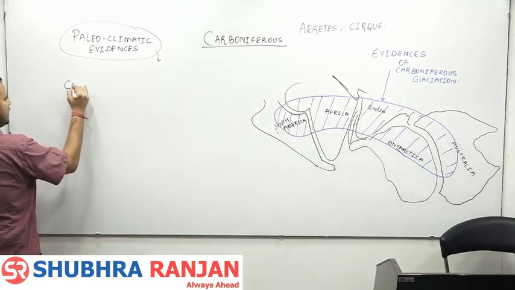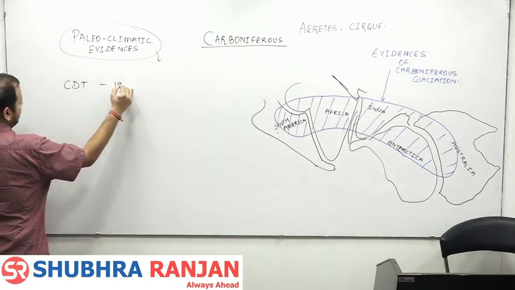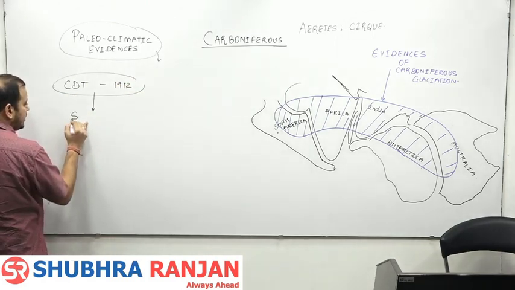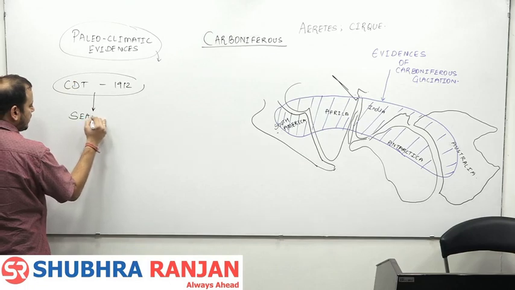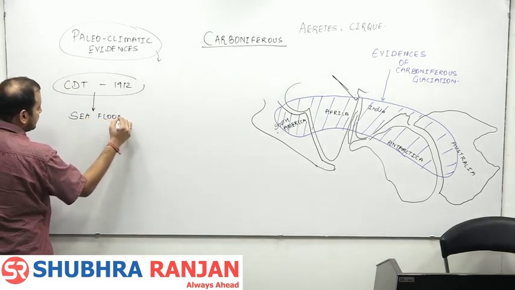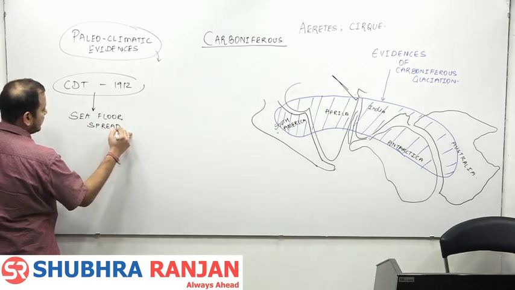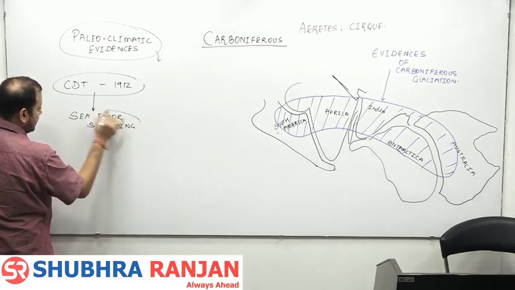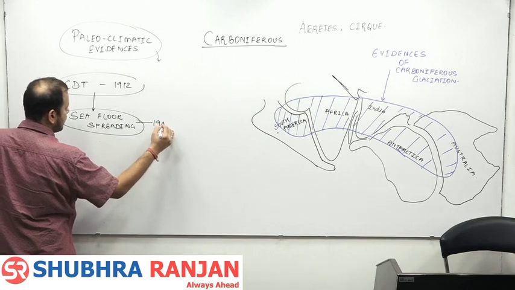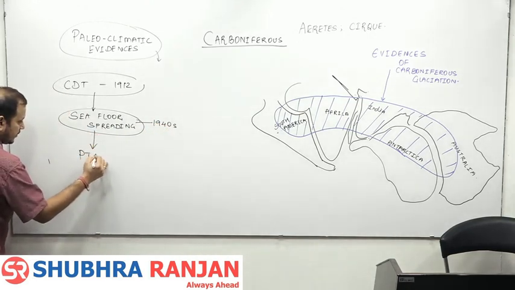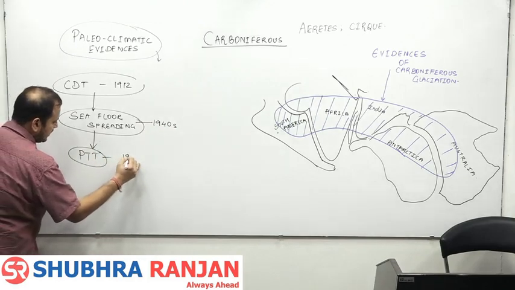सबसे पहले 1912 में continental drift theory, rejected. Then seafloor spreading theory, Harry Hess का, 1940s में, and ultimately plate tectonic theory in 1960s.